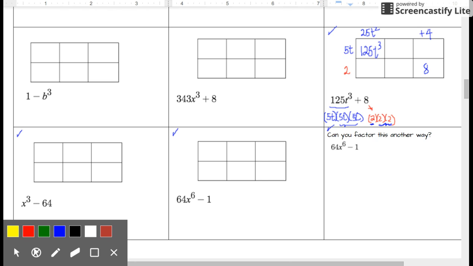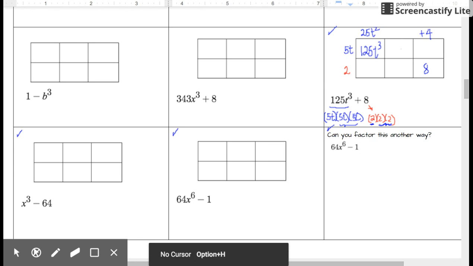Now we just need to figure out what goes in the middle term of the length. And to figure that out, we need to fill up the regions in the rectangle. And we can start with this 2 times 25t squared. Again, 2 times 25t squared is 50t squared.